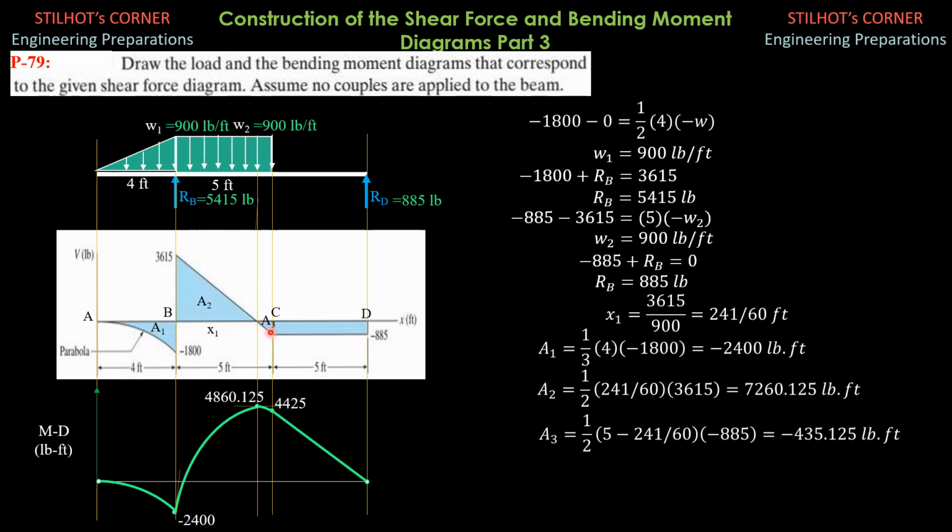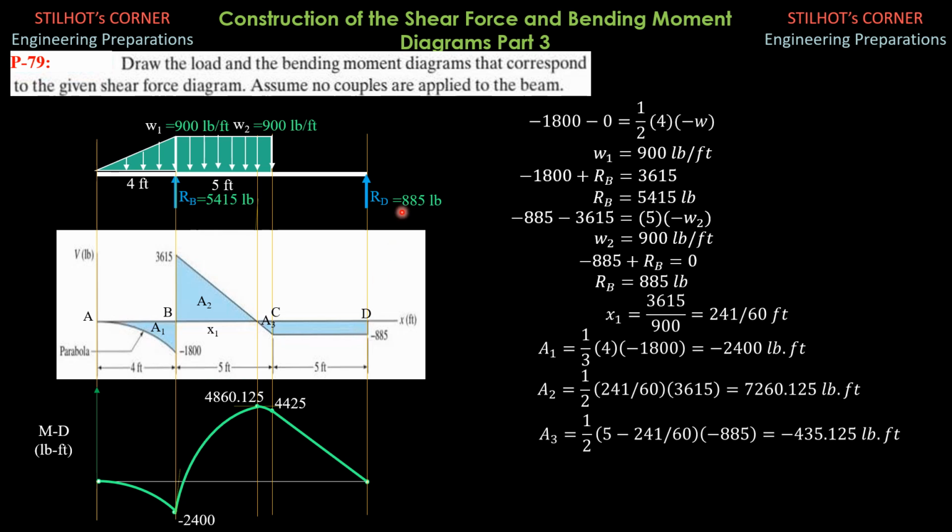Then finally, between C and D, there's no change in shear. That means there's no load, there's no concentrated load between C and D. So it's free here. And then there is an abrupt change in shear again. There should be an upward force: negative 885 plus that upward force RD equals 0 shear.